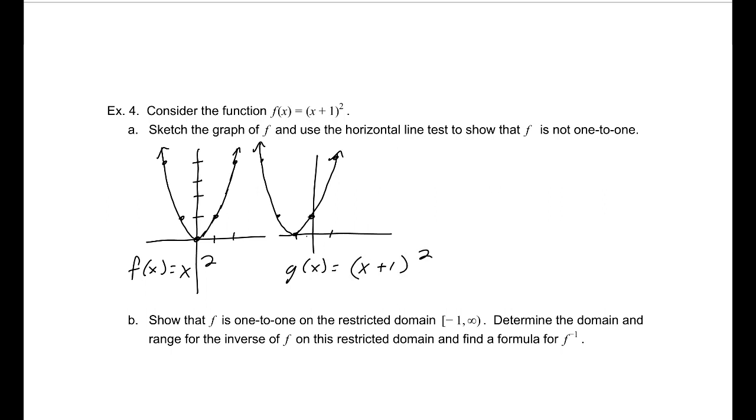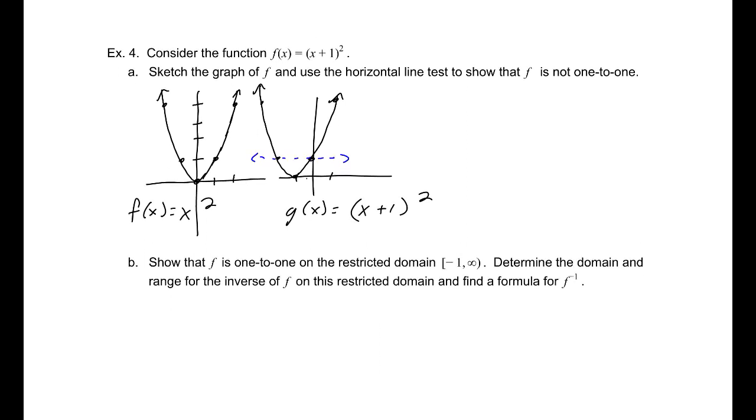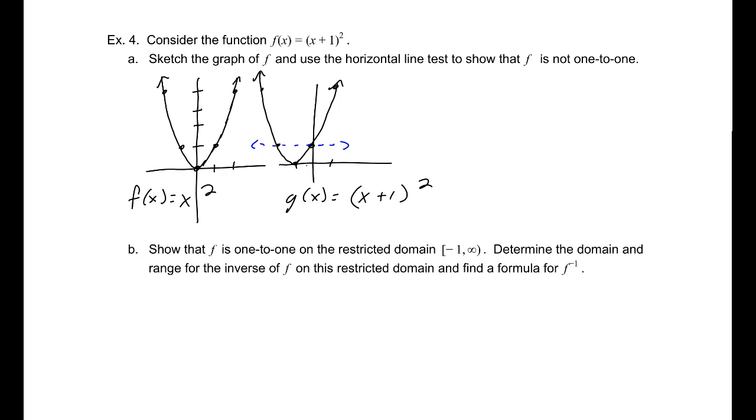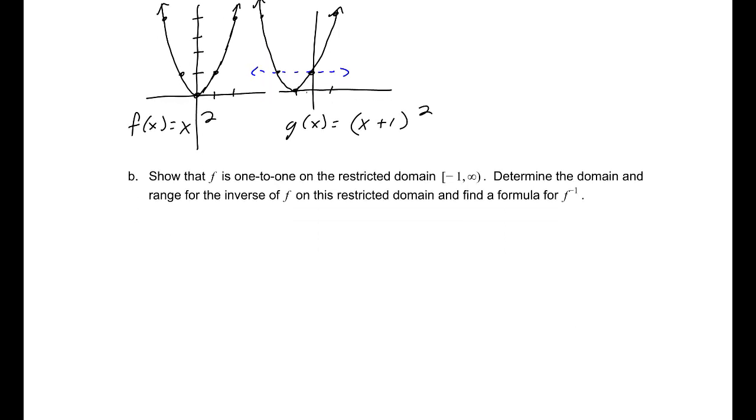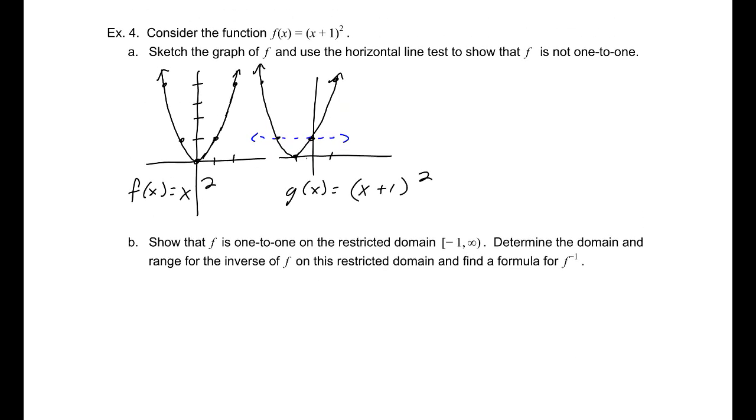This function is not one-to-one because, for instance, we have two x values that have a y value of 1. So it's not one-to-one. Now we're going to choose a restricted domain. We're going to restrict this down to negative 1 to infinity. So negative 1 is 0, 0 is 1, 1 is 4.